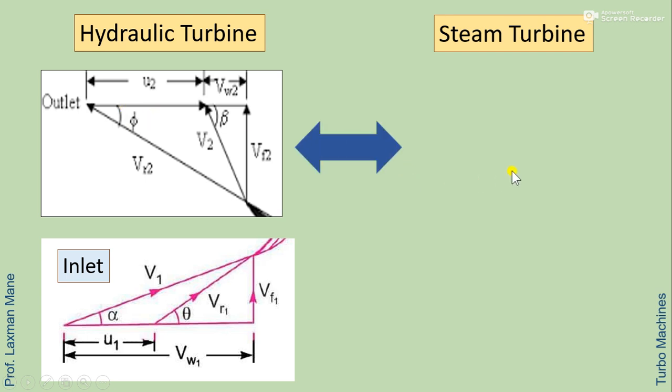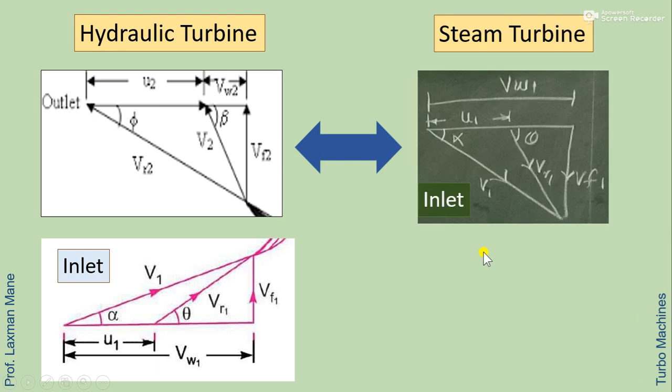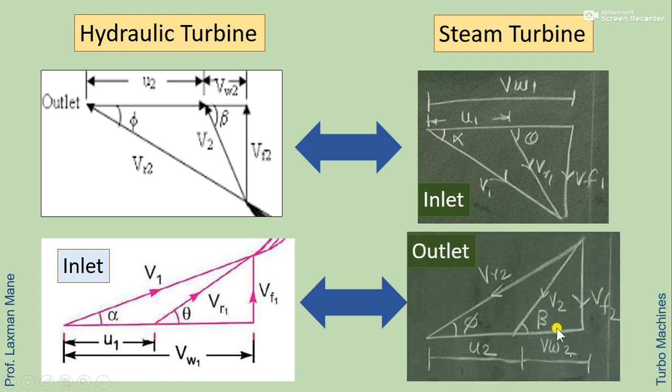If you see for steam turbine, the inlet velocity triangle looks like the outlet velocity triangle of hydraulic turbine, while the outlet velocity triangle of steam turbine is in a shape like the inlet velocity triangle of hydraulic turbine. Now you can use this triangle in the numerical.